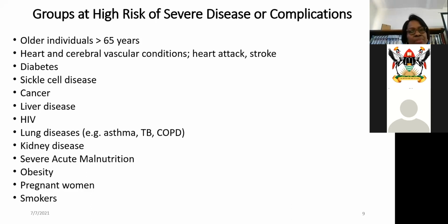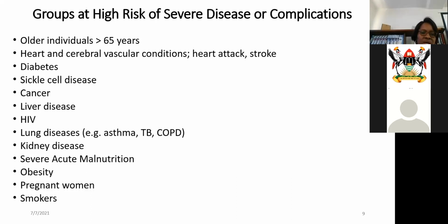Then patients with diabetes, sickle cell disease, cancer, liver disease, HIV, especially those with advanced immune suppression with AIDS, lung diseases, for example, asthma, tuberculosis, and chronic obstructive pulmonary disease, kidney disease, severe acute malnutrition, obesity, pregnant women, and smokers.